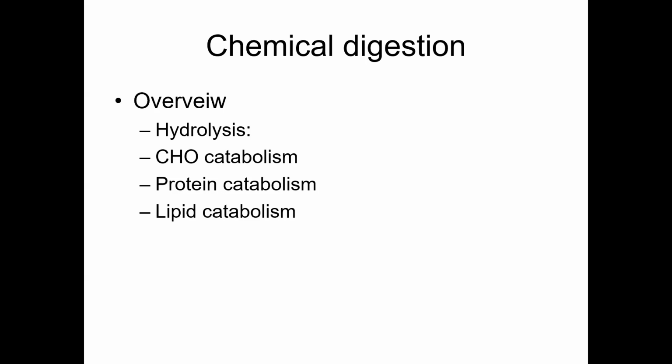For lipid digestion, I'm going to talk about this later. But for carbohydrate chemical digestion, if you remember, in 430 you probably learned this: polysaccharides can be digested into disaccharides and then into monosaccharides.